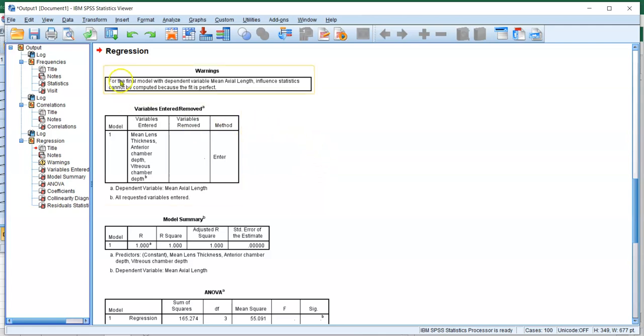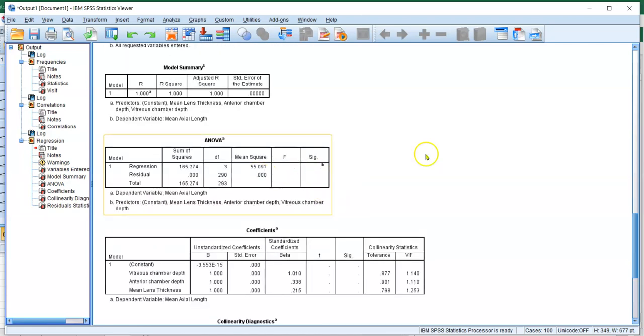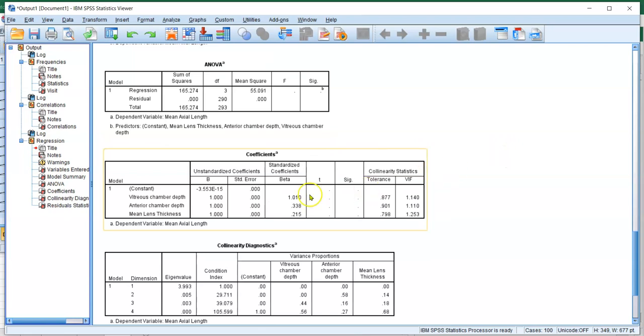Now look, we got a warning. It says for the final model with dependent variable mean, influence statistics cannot be computed because the fit is perfect. Look at this, our R squared, we've accounted for 100% of the variance. Can't even compute a p-value for that.